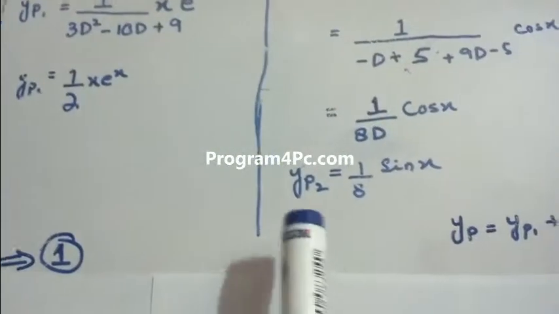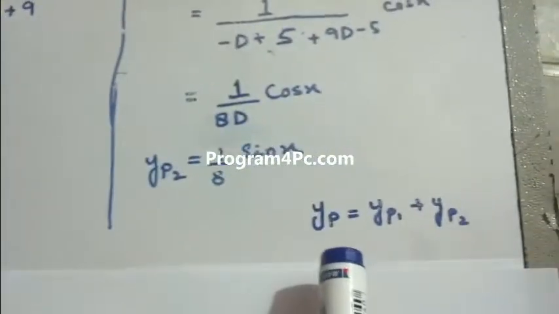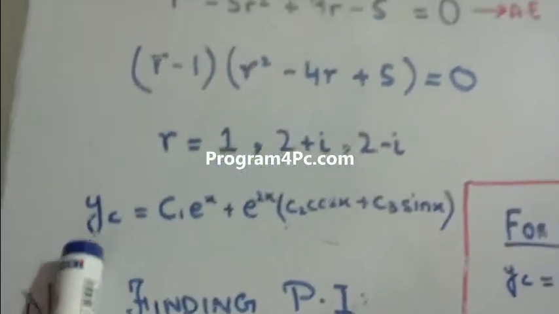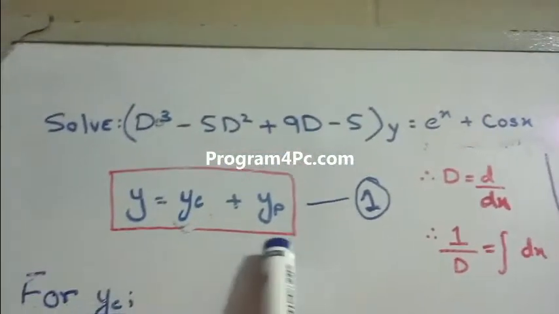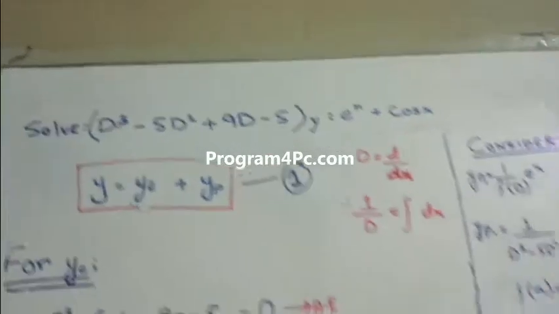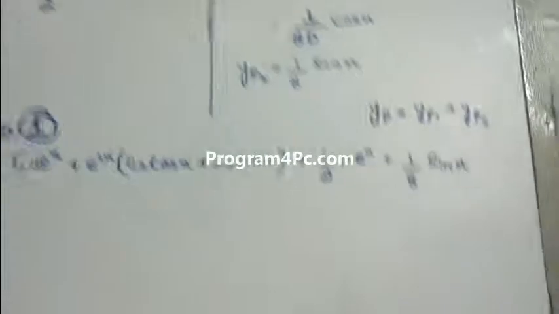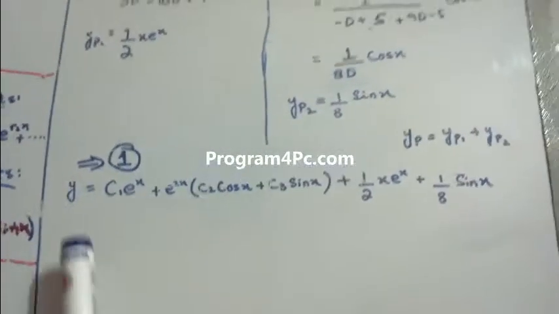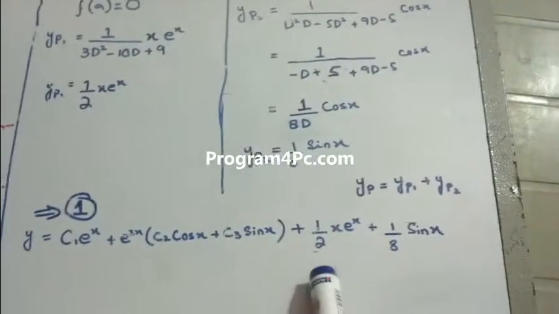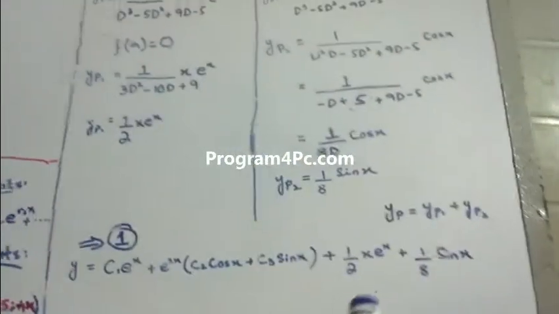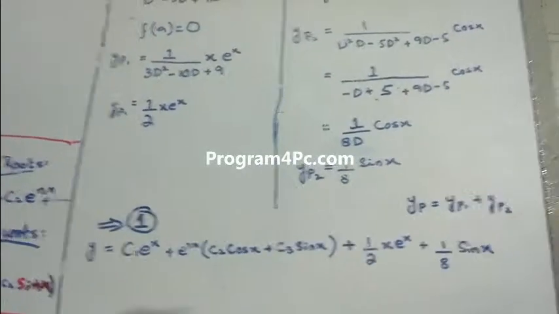Put these values y sub p1 and y sub p2 in this equation, that is y sub p, and this value y c also. By substituting these in equation 1, we find the complete solution of this equation.